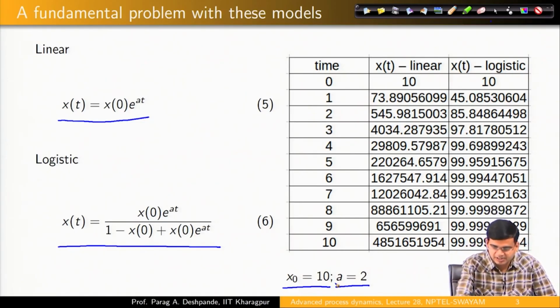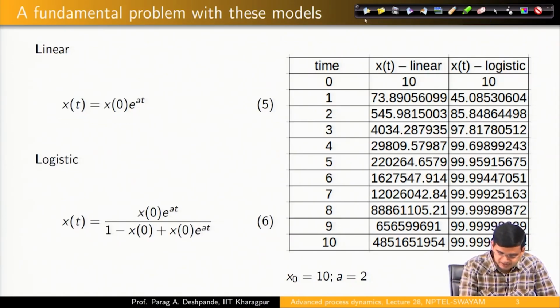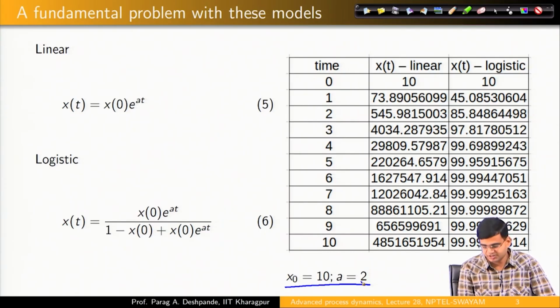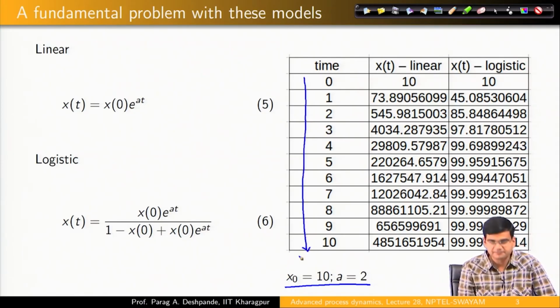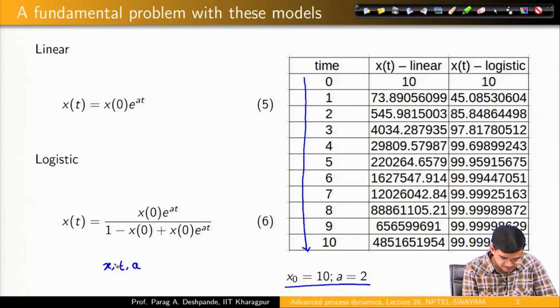So, what you see here is that 10, which is the initial population, 2 which is the growth factor, and time t, so x 0, t and a, they all are natural numbers.